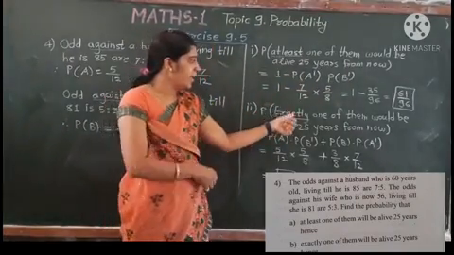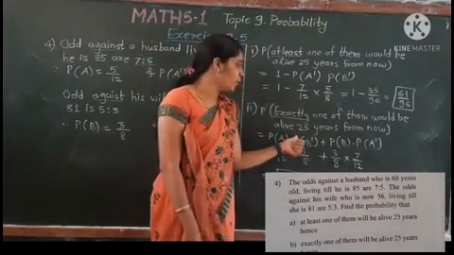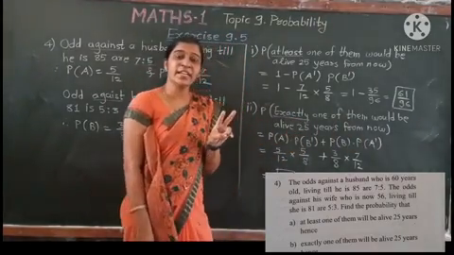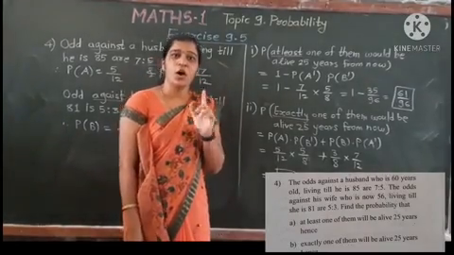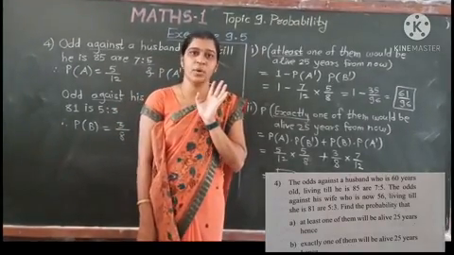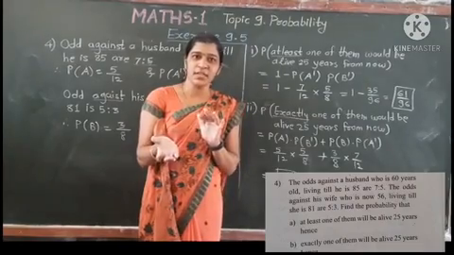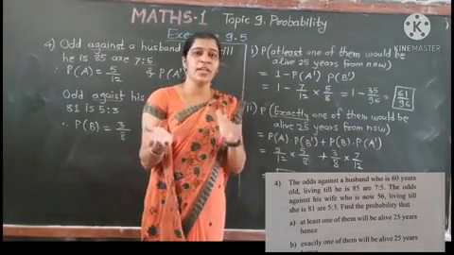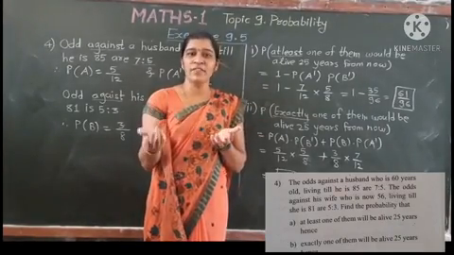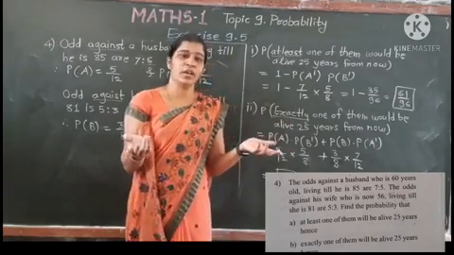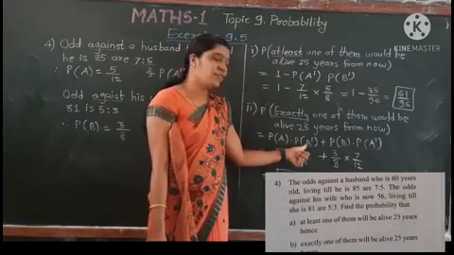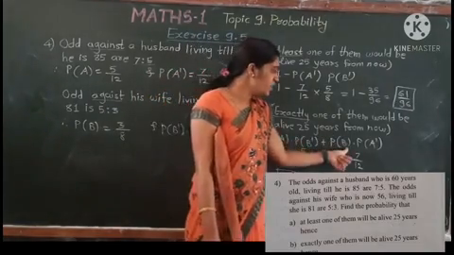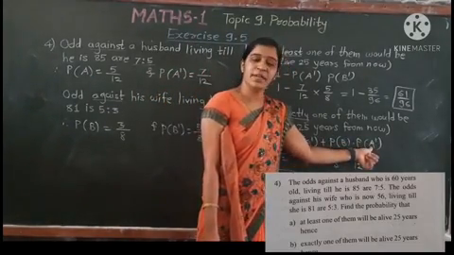And here exactly one of them will be alive. Exactly one means exactly one husband or exactly one wife. Okay? If the husband is alive, then wife is not alive. Wife is alive, then husband is not alive. Means here A means husband is alive, wife is not alive. Wife is alive and husband is not alive.